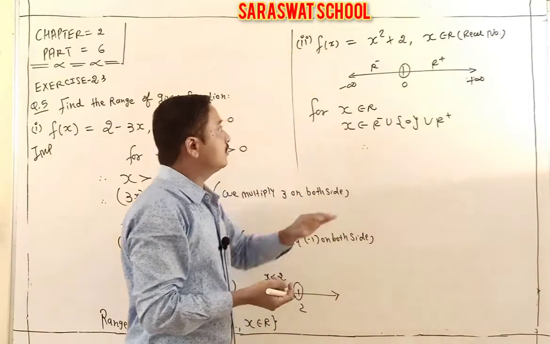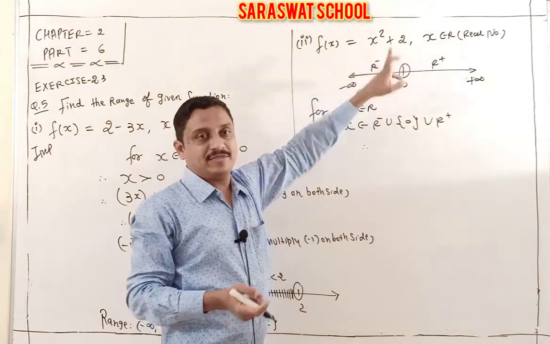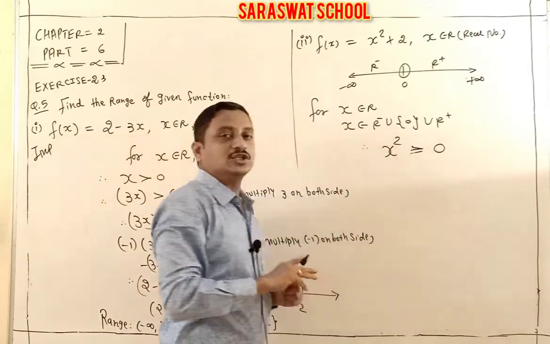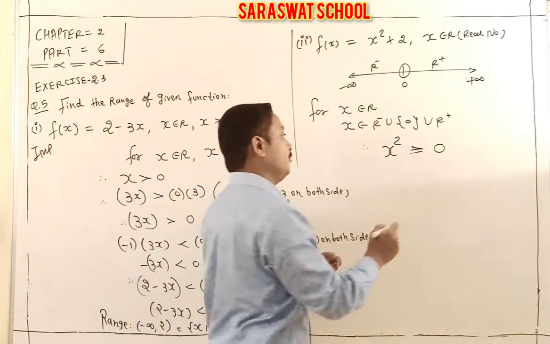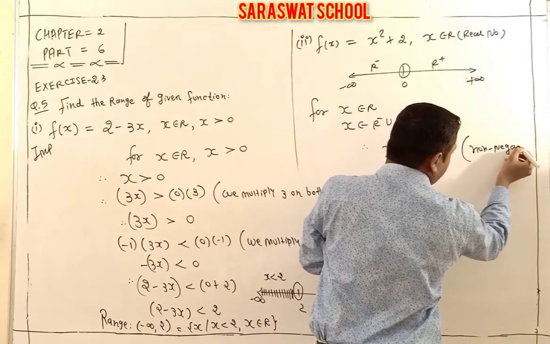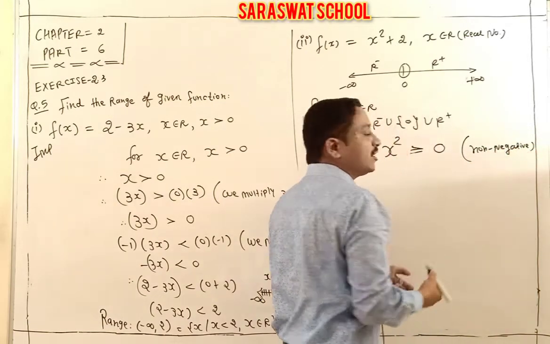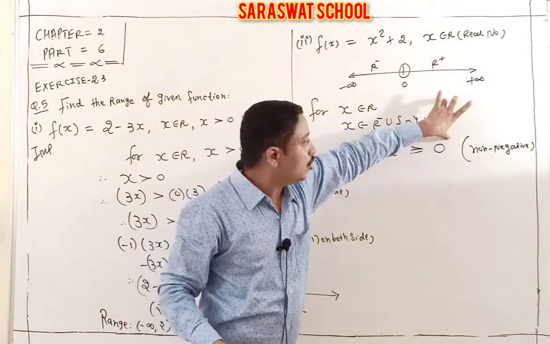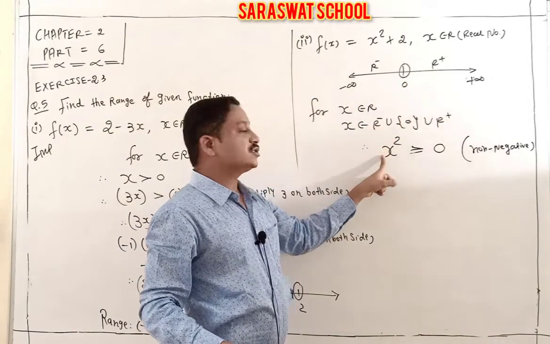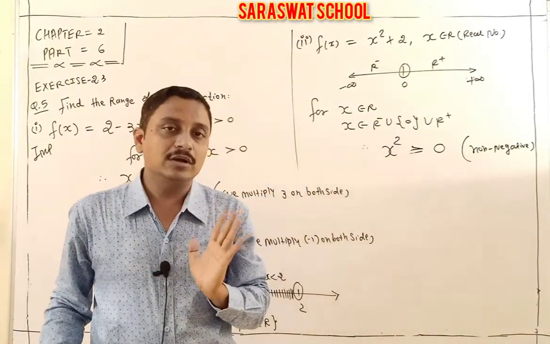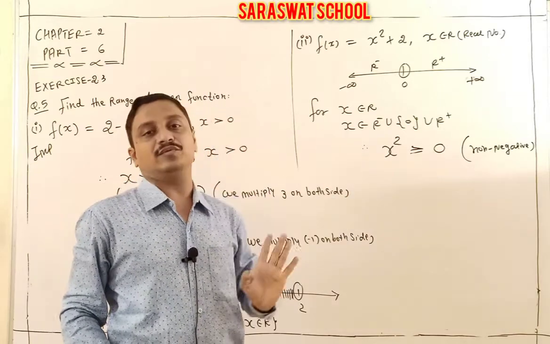If I take first of all the square, every square term is definitely non-negative. Why, students, do I declare it non-negative? Because negative, 0 and positive, all numbers, if you square them, your answer is either 0 or positive.